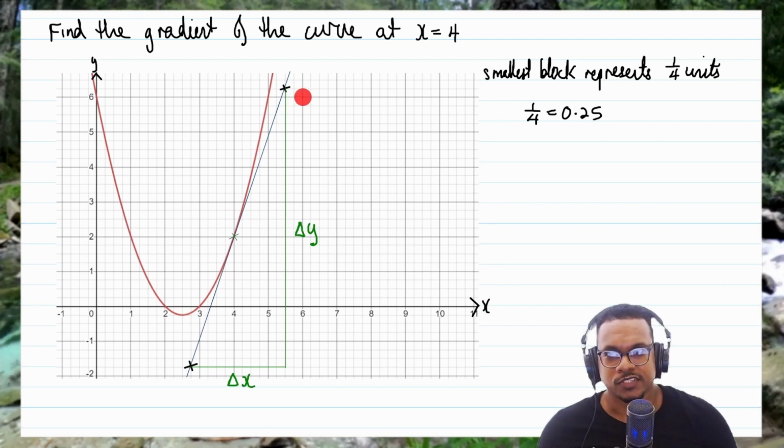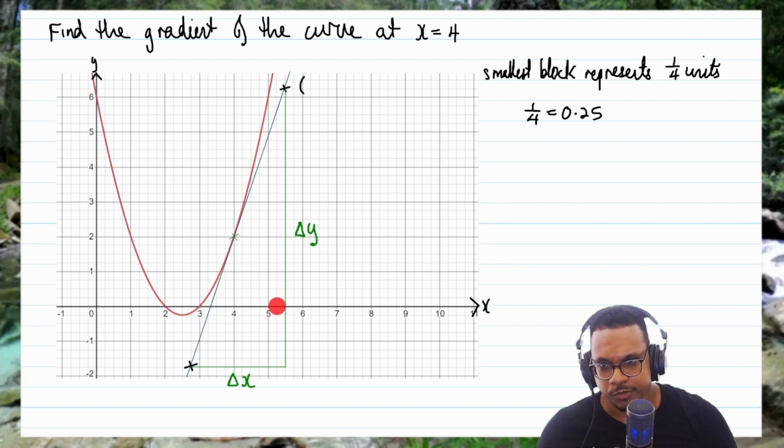So now we can count using the smallest blocks. So if I'm writing the coordinate for this point here, the x value will be here. So we have 5, we have 5.25, and then we have 5.5. So the x value is 5.5. And the y value goes straight across here. So we have 6, and we have 6.25. And for down here, our x value is right here. So we have 2.25, 2.5, and 2.75.